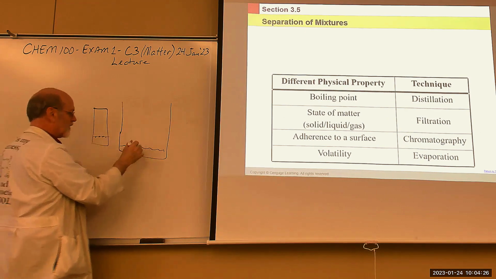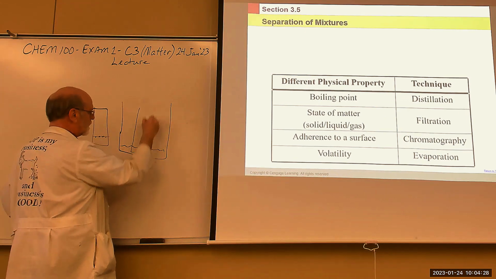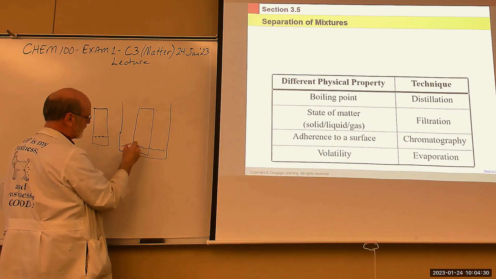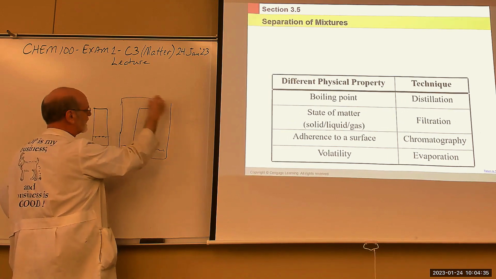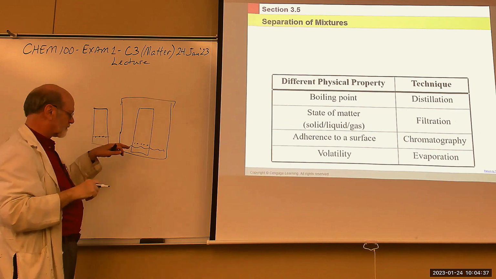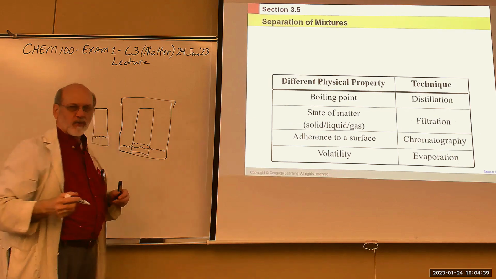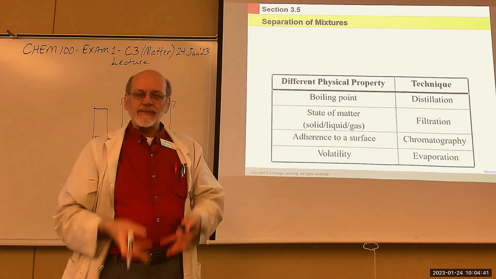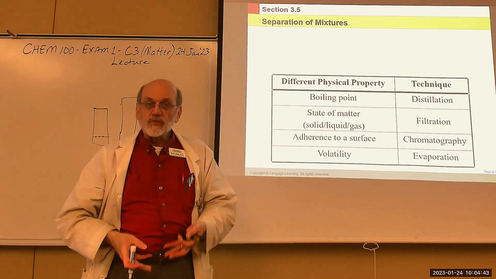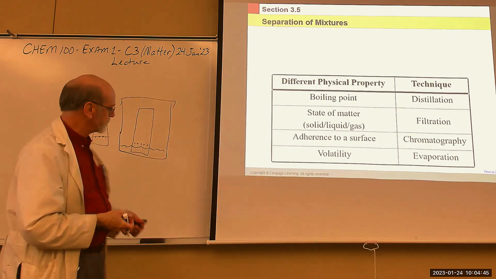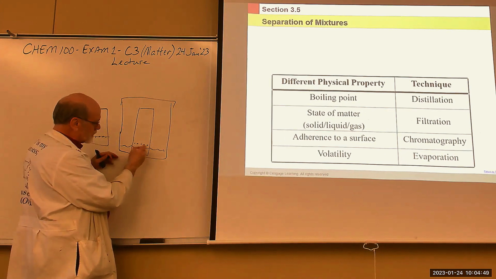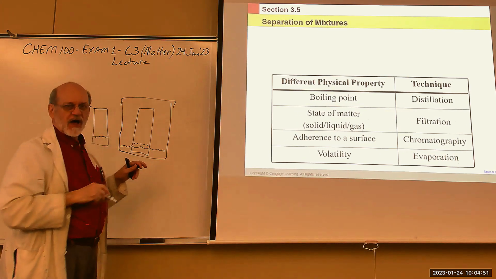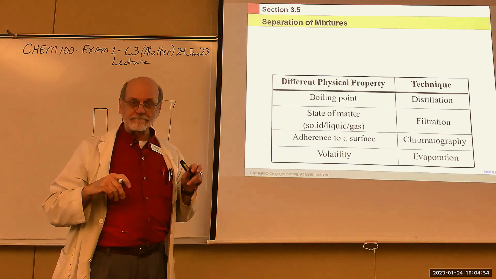Then we would take the paper and set it in this container, with the spots here. And then we put a lid on it. The paper would imbibe some of the liquid, and it would start moving up the paper, primarily through capillary action. But as it moved, it would dissolve those spots.